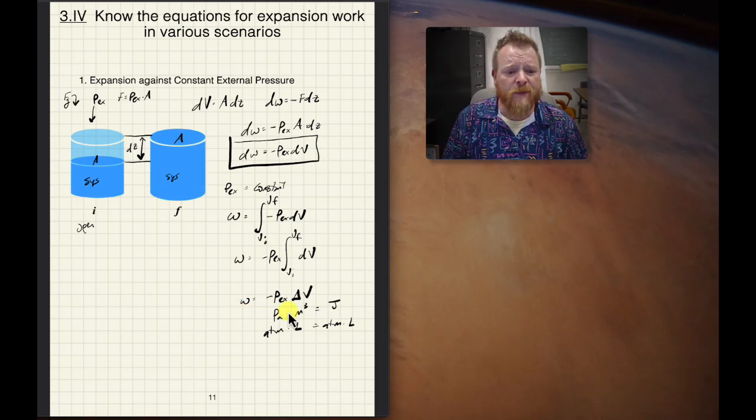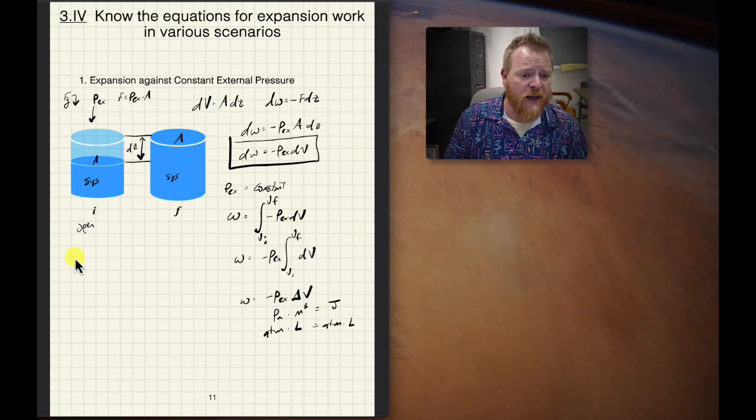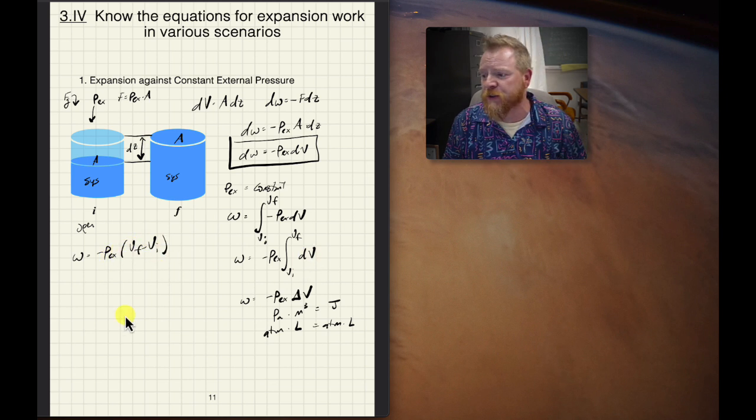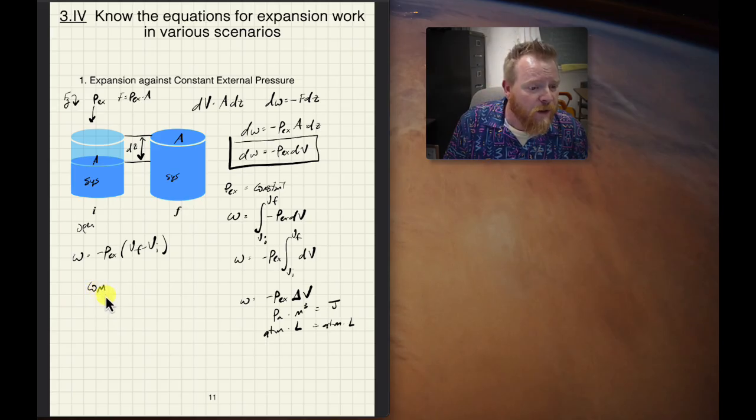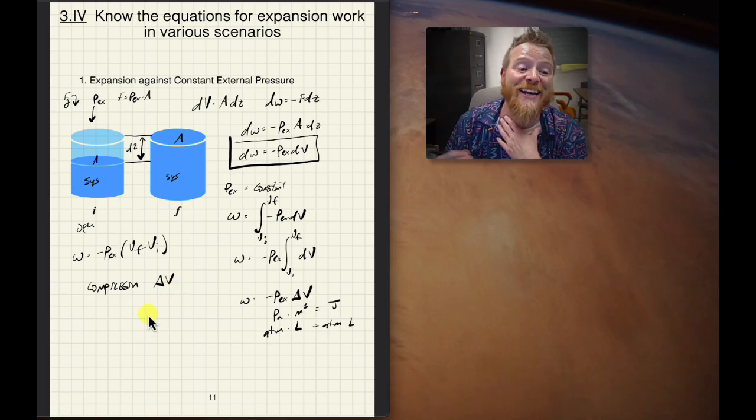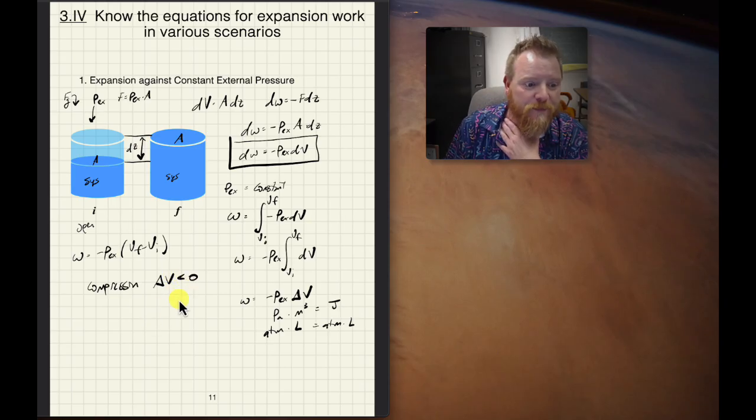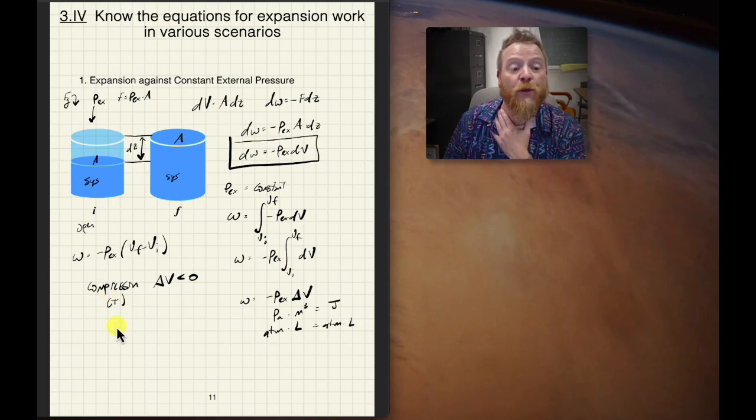Okay, so what we should also note here is working through this further, work is negative Pex, and I'll expand that out, times V final minus V initial. For compression, delta V is going to be negative, right? And thus my work done is endothermic.